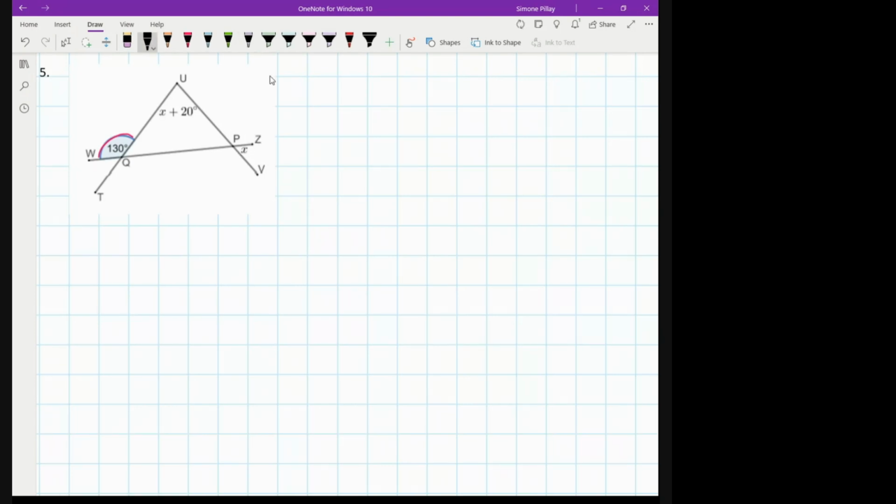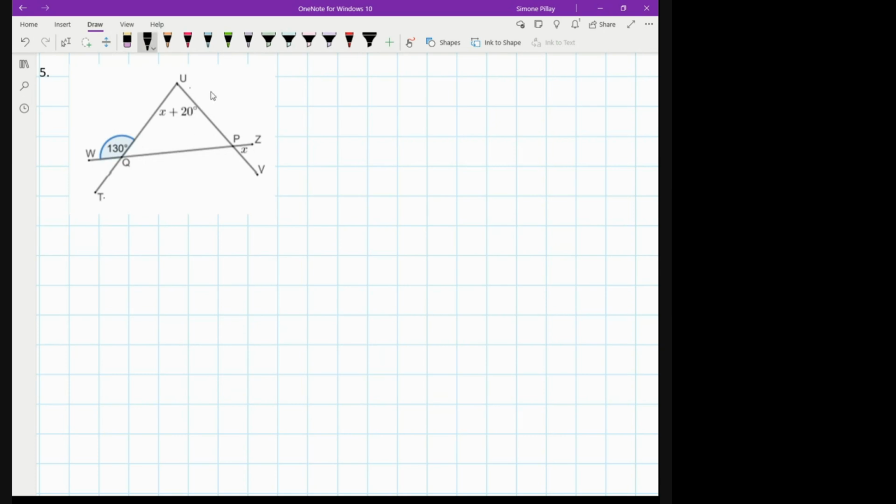So I'm going to calculate angle WQU. WQU is this angle. So we already know it's 130. WQP is a straight line, so it's this entire angle.